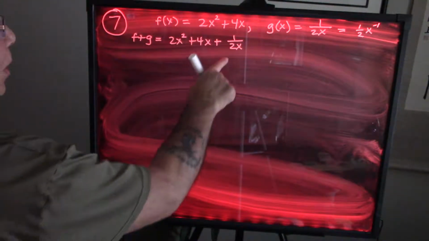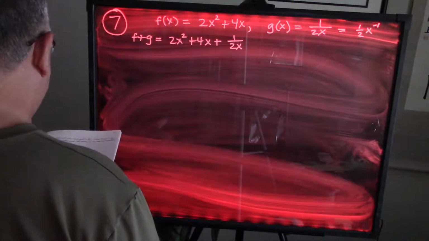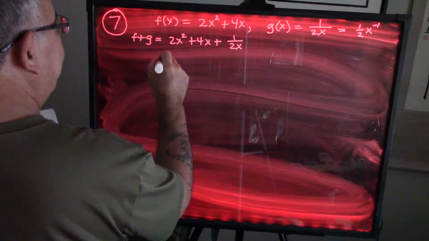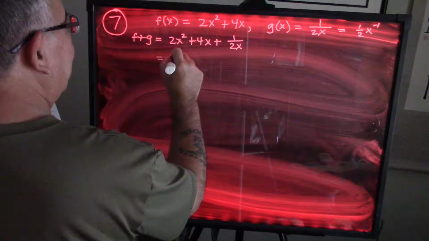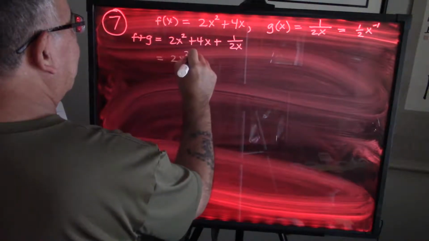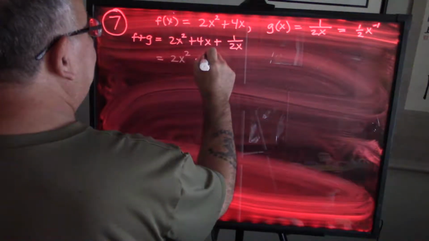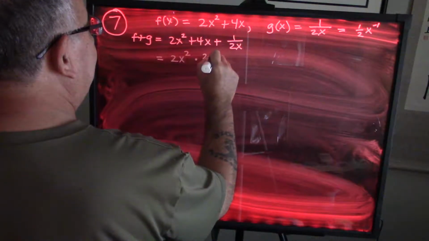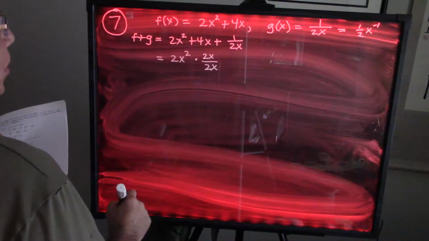Since we do have a rational function at the end here, we can get a common denominator. That would have to be 2x, of course. So you've got 2x squared, multiply that by 1, but I'm going to choose 1 to be 2x over 2x. That'll give me a denominator of 2x on that first term.